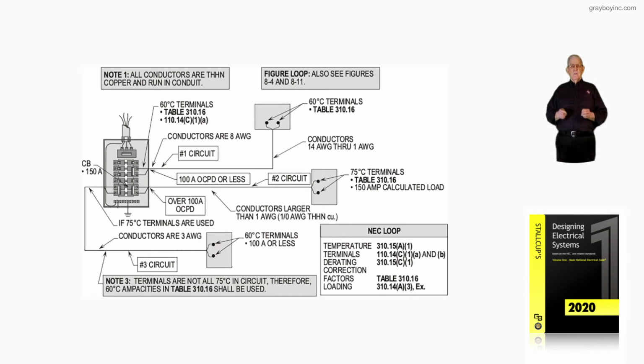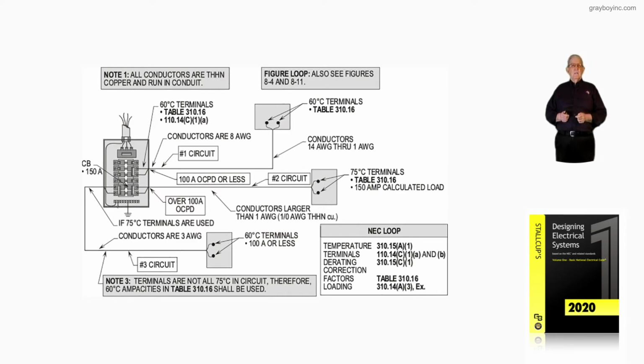Now, with all this information given, let's look at circuit number 1 in the illustration. Look at the equipment first: 60 degrees C terminals, meaning we have to use the 60-degree column for ampacity after we derate, if that be the case.